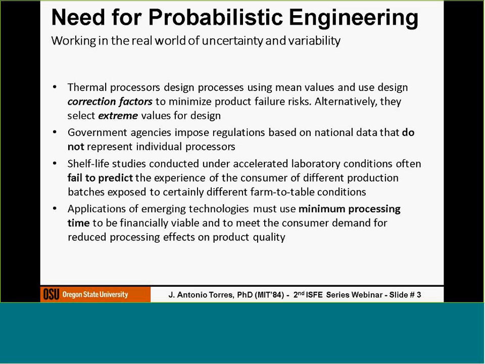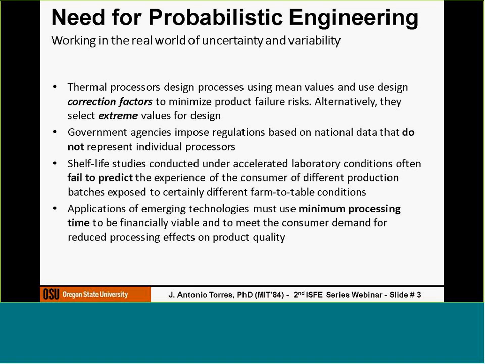Government agencies impose regulations. In order to impose those regulations, they use national data. So they take the whole country or the world and find what situation the whole world faces to decide how food should be handled and made safe for the consumer.